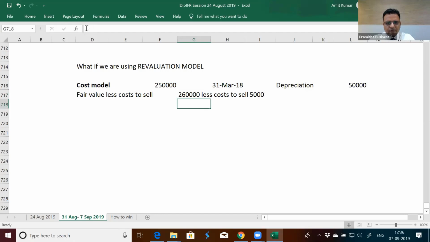So fair value less cost to sell turns out to be 2,55,000. This is the value.